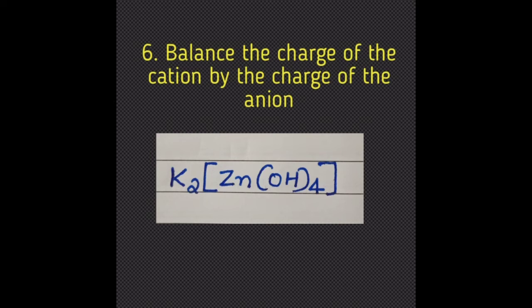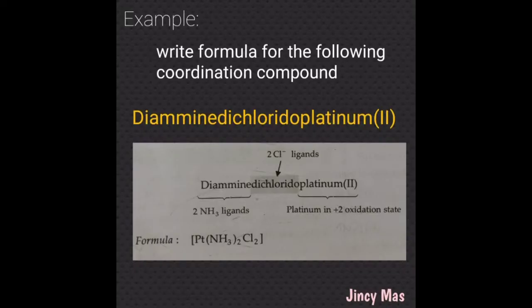That negative charge is balanced by using the counter ion which has 2 positive charges, K2. So in this way, we have to balance the charge of the cation by the charge of the anion. When we practice a few examples, you will learn to write the formula of a given coordination compound very easily.